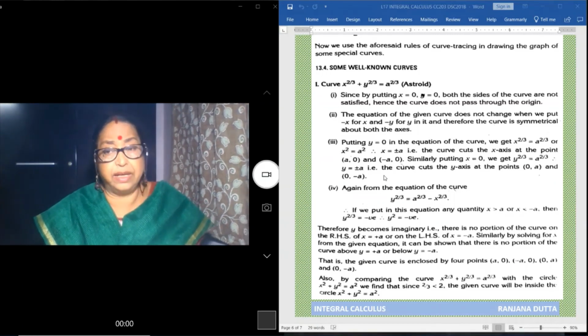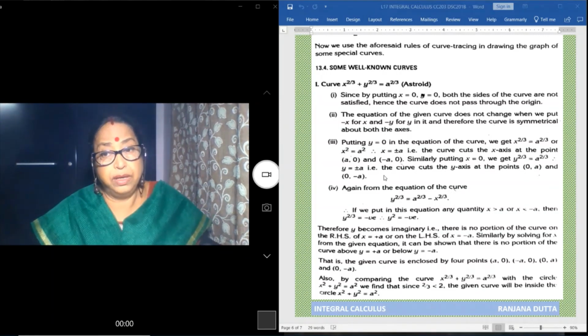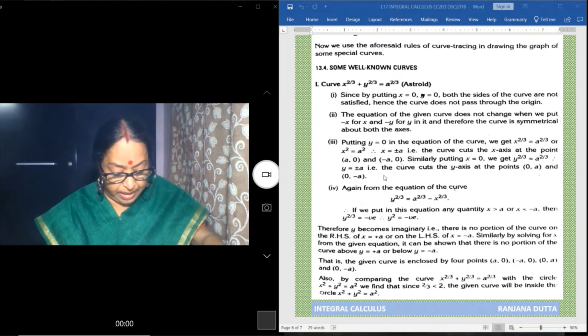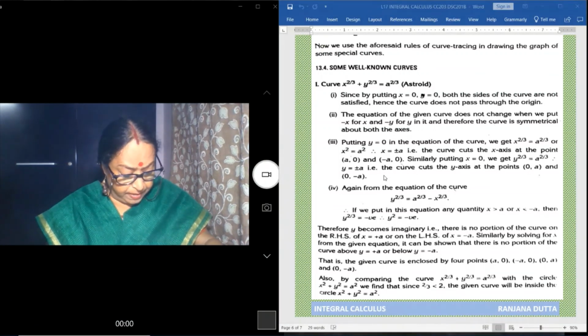Hence, the curve is not possible beyond x equal to a and y equal to a.